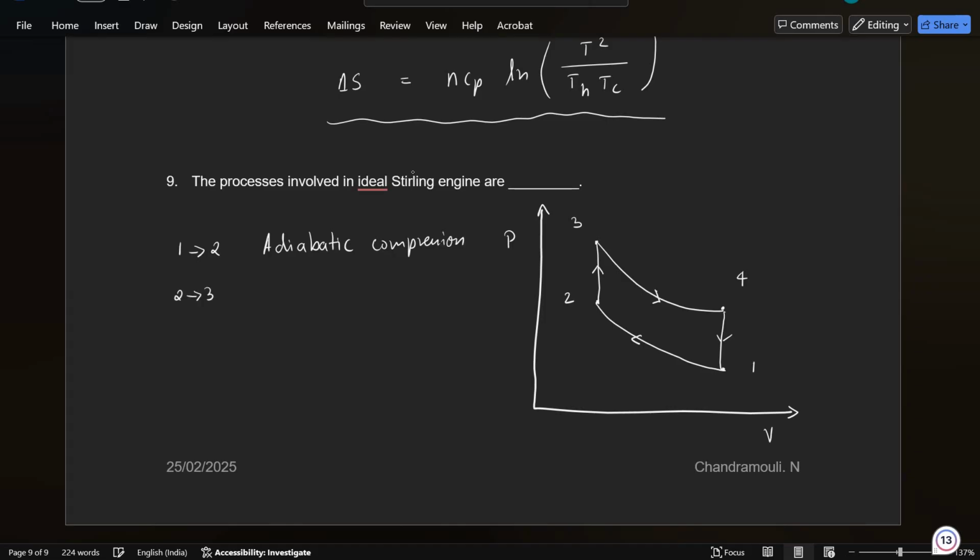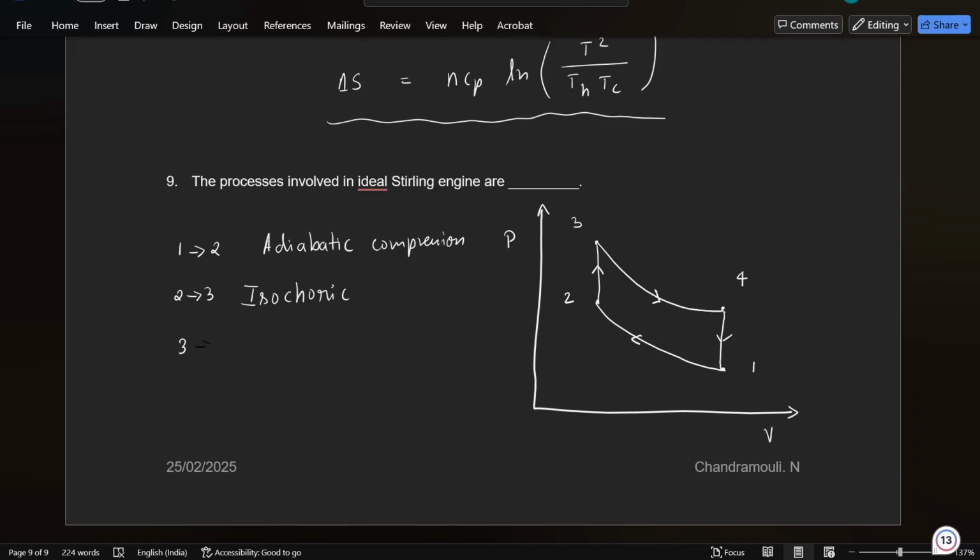2 to 3. Volume is not changing, so what is it? If volume doesn't change, it is called isochoric. Yes, this is the isochoric process.